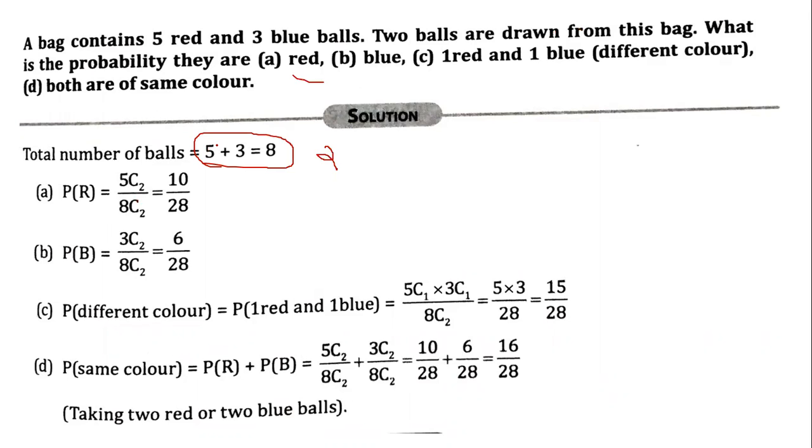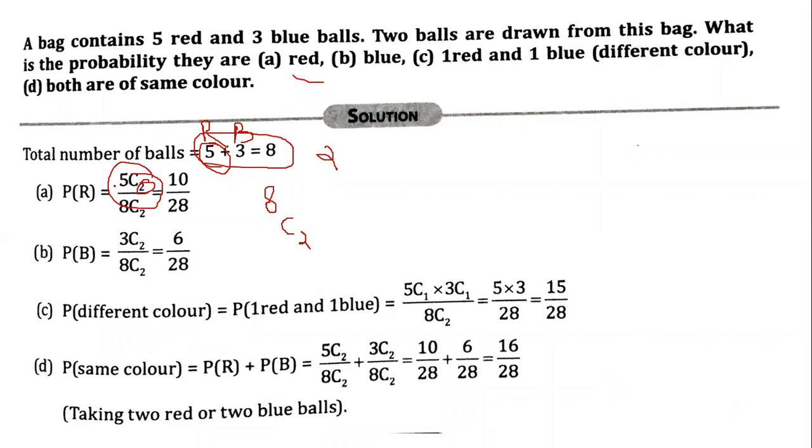So how many red balls do we have? We have 5 red balls and 3 blue balls. So out of 5 red balls, we are taking 2 balls. That is one combination. The other combination is, out of total 8 balls, we are taking out 2 balls. That is the second combination.